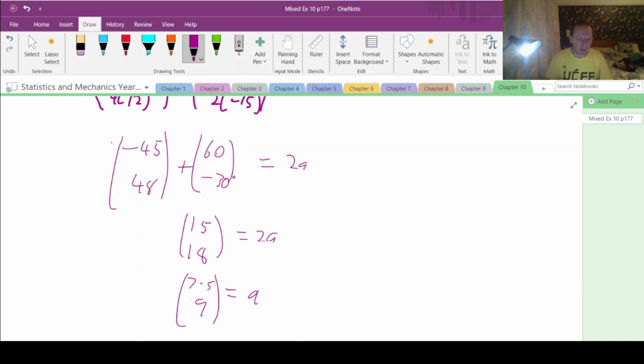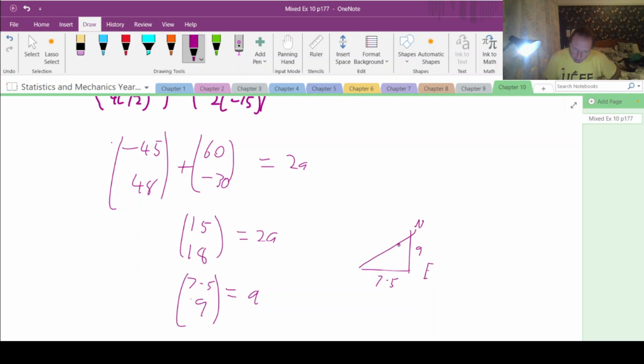So we now know the force acting on it, but they want the magnitude and the direction of the resulting acceleration. That's 7.5 in the east direction and 9 in the north direction.